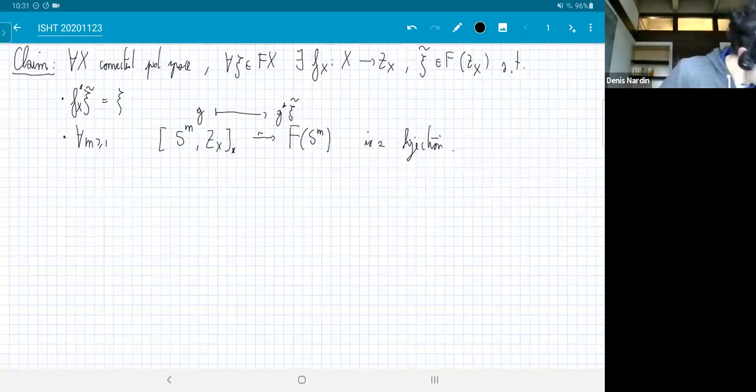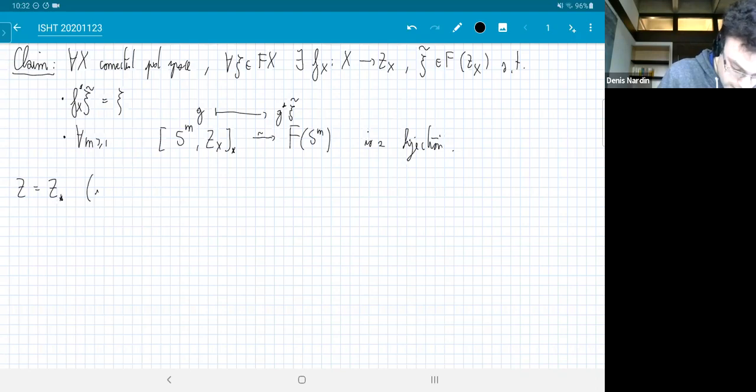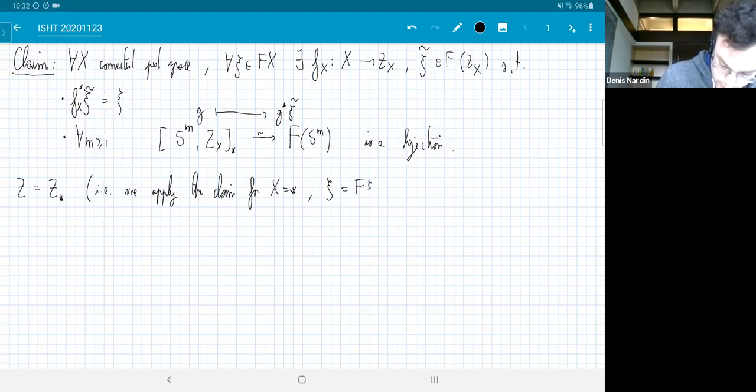So now we let z be z of the point, i.e. we apply the claim for x the point and psi the zero in f of the point.